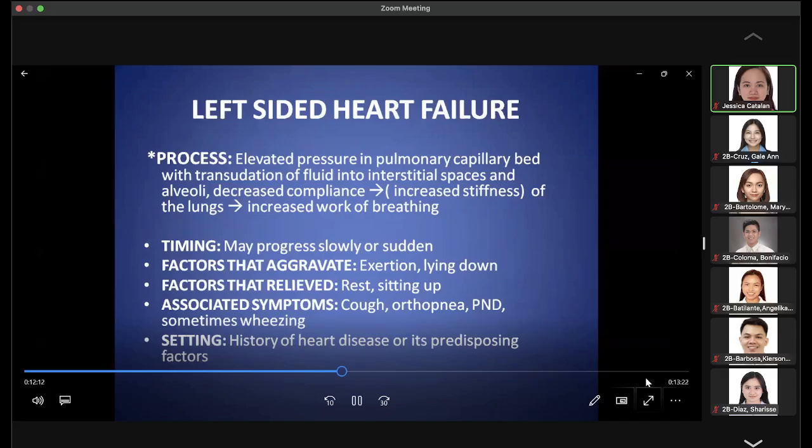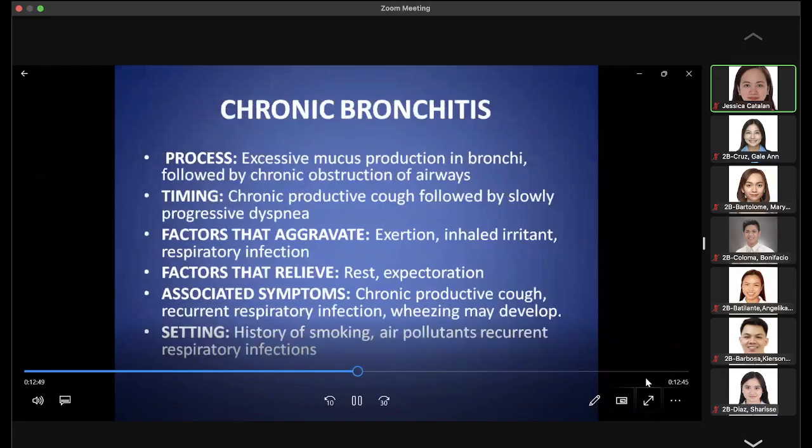So you will entertain left-sided heart failure in a patient complaining of difficulty of breathing in the setting of a history of heart disease. Difficulty of breathing that is slowly progressive, aggravated by exertion, and relieved by resting, associated with cough, orthopnea, paroxysmal nocturnal dyspnea, and sometimes wheezing.